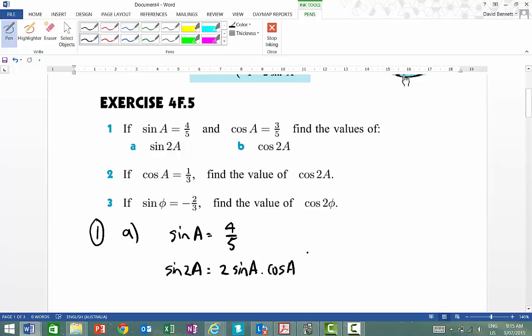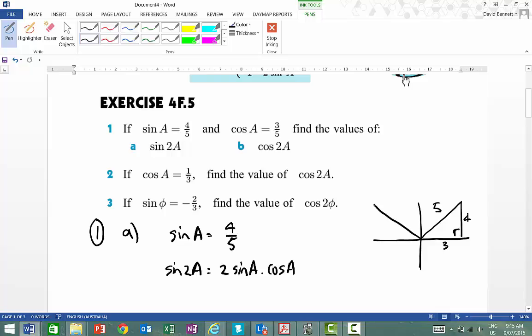Alright, so what we need to know is what cosine of a is. If we're using our unit circle, we can actually work out what cosine of a is. Sine of a is 4/5. Now that's a 3, 4, 5 triangle, so we know the side over here is 3.